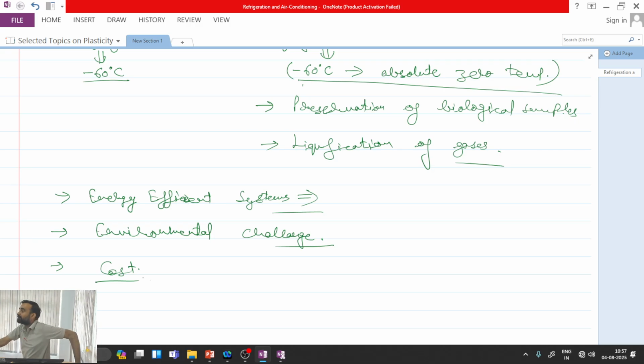Okay, so that's why we have to also keep in mind all these three parameters simultaneously. Of course, we will not be able to optimize each parameter, so somehow we have to consider the overall optimization so that we can propose some design which is energy efficient, overcomes the environmental challenges, and is also cost effective. Is this point clear?